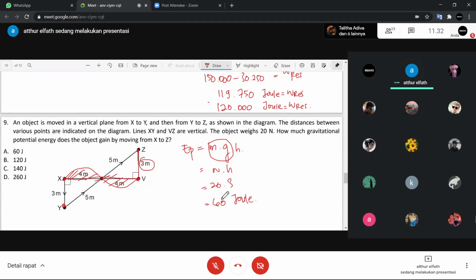Remember, even though you draw a line from z to y and you find this number, this number is not useful, because potential energy only depends on the height of the system.